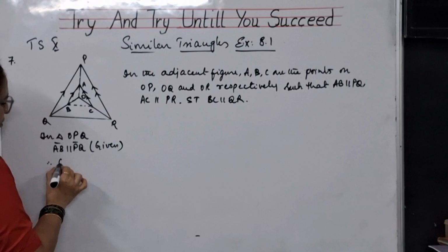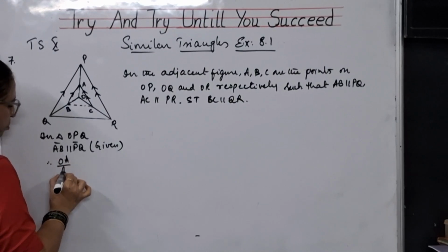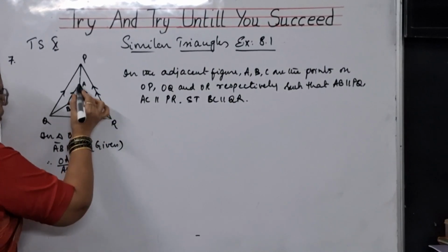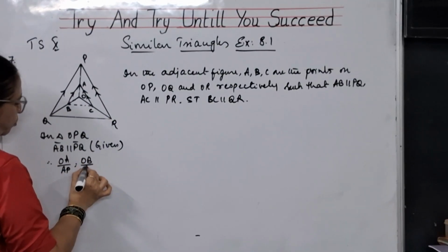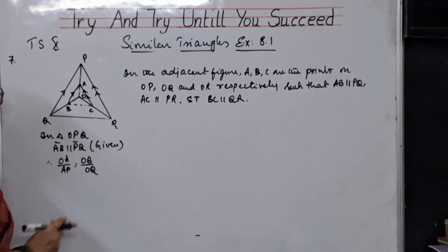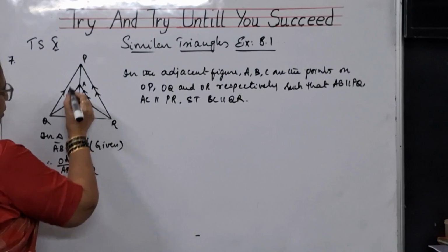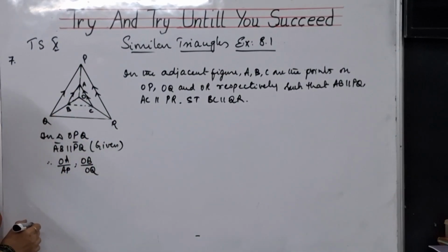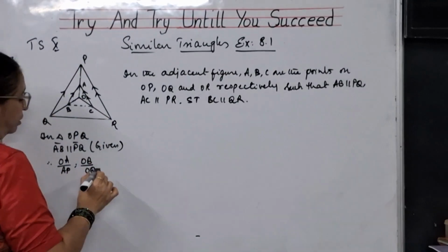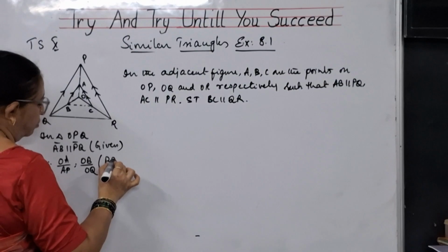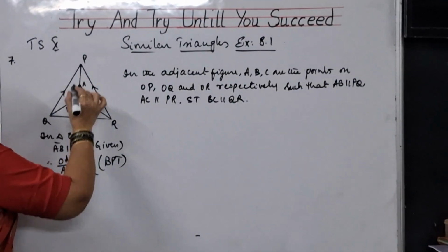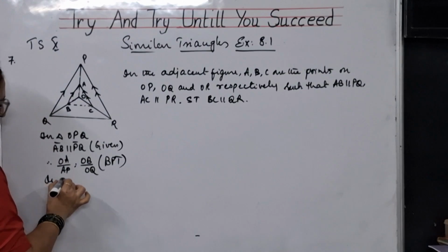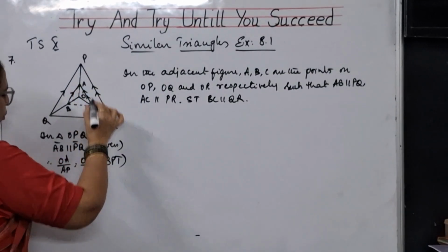Therefore, what I can say, OA by AP is equal to OB by BQ. When a line is drawn parallel to one side of a triangle, it divides the other two sides in the same ratio. This is BPT.